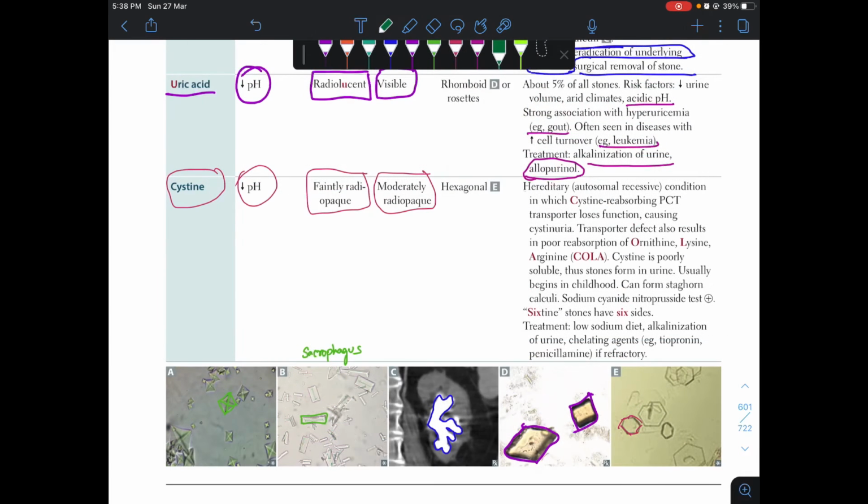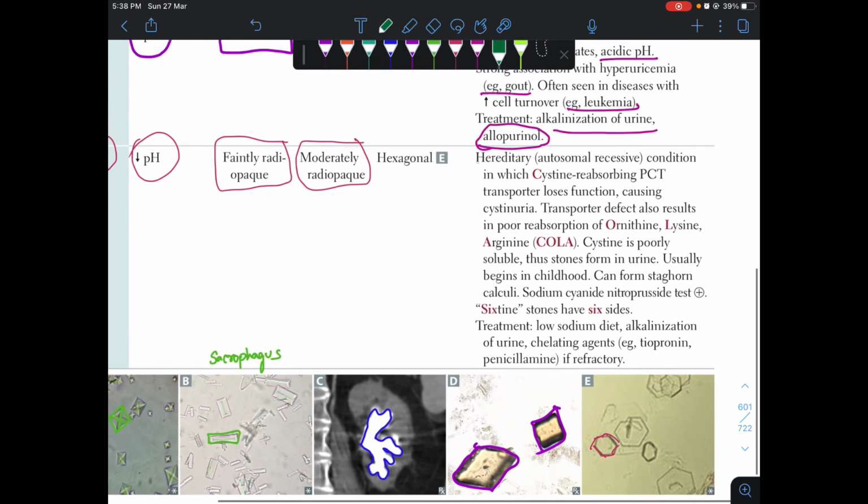And the cause for cystine stones is an autosomal recessive condition, where the cystine reabsorbing transporters in the PCT are abnormal. Hence, there will be increased cystine in the urine and decreased cystine reabsorption. And in this condition, there will also be decreased reabsorption of ornithine, lysine, and arginine.